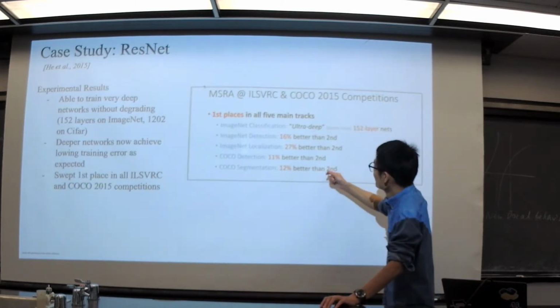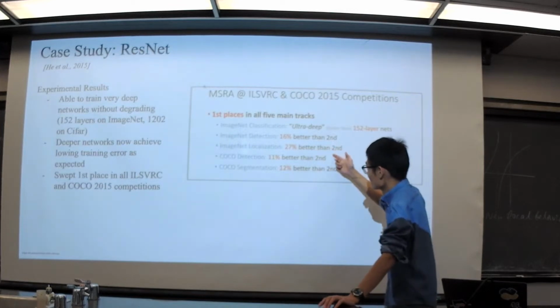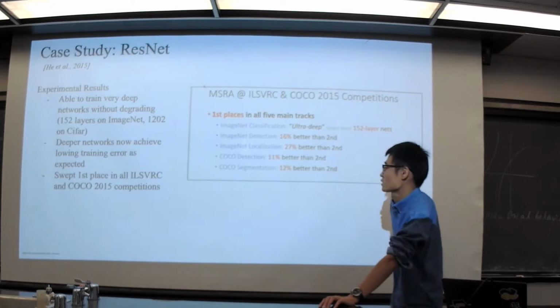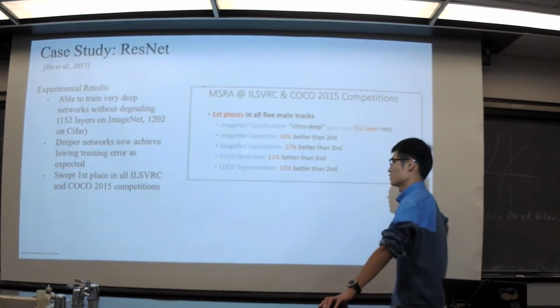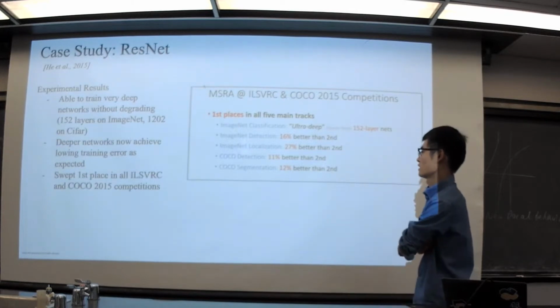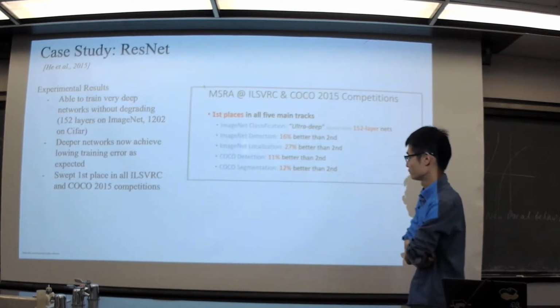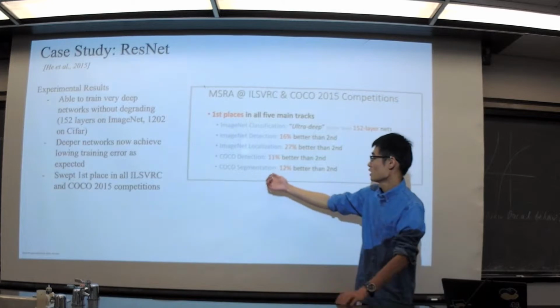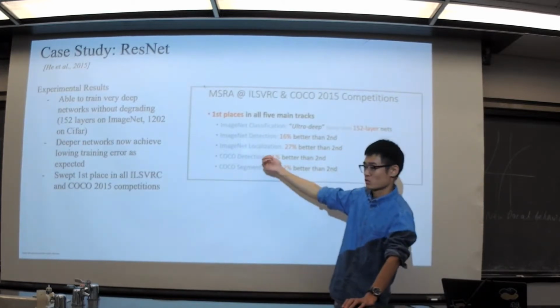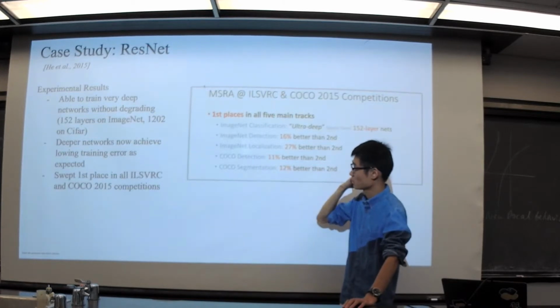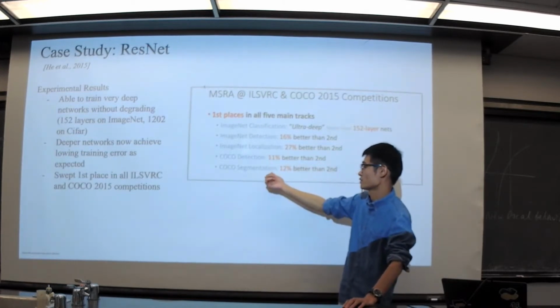And they're 60% better than the second, maybe 27 better. MS COCO is bigger and more challenging than ImageNet. Oh, yeah, here, MS COCO segmentation. ImageNet does not have segmentation tasks. Only MS COCO has segmentation tasks.